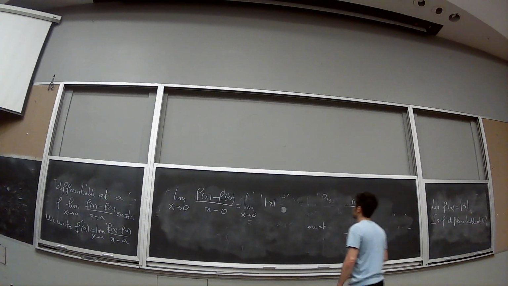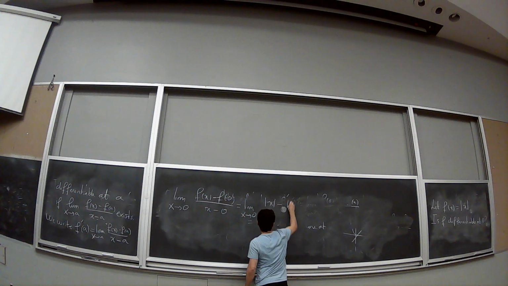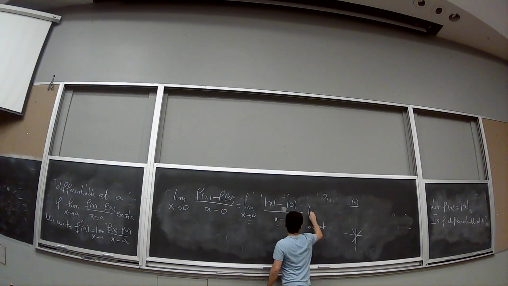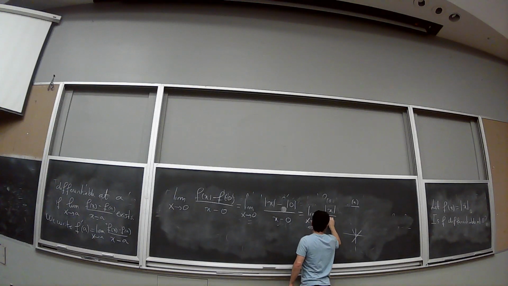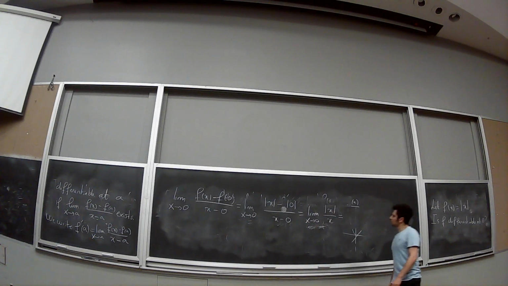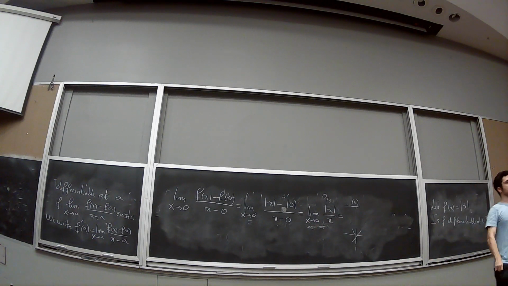So absolute value of x minus absolute value of 0 over x minus 0, which is just the limit as x approaches 0 of absolute value of x over x. Does that limit exist? Let's have a look.